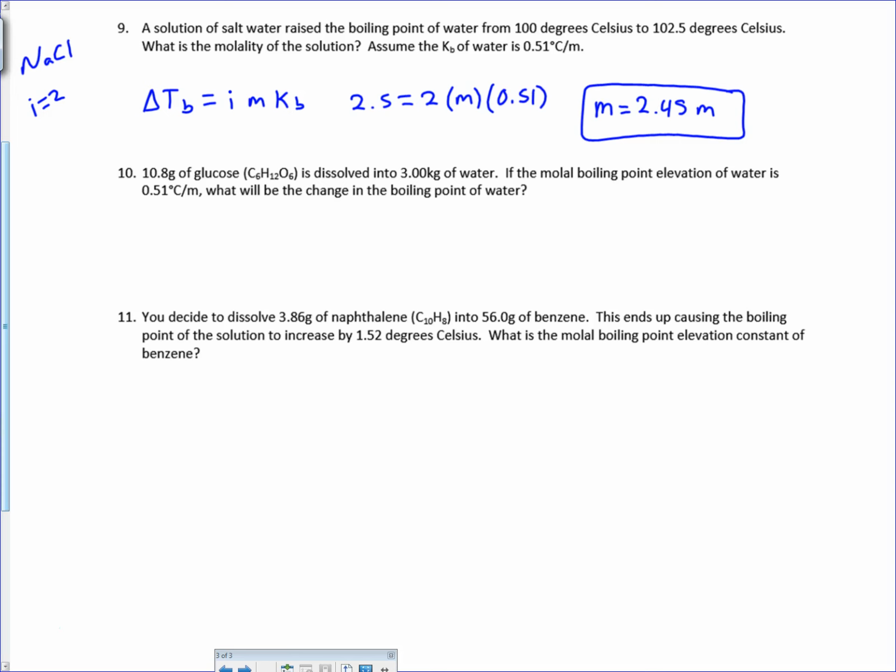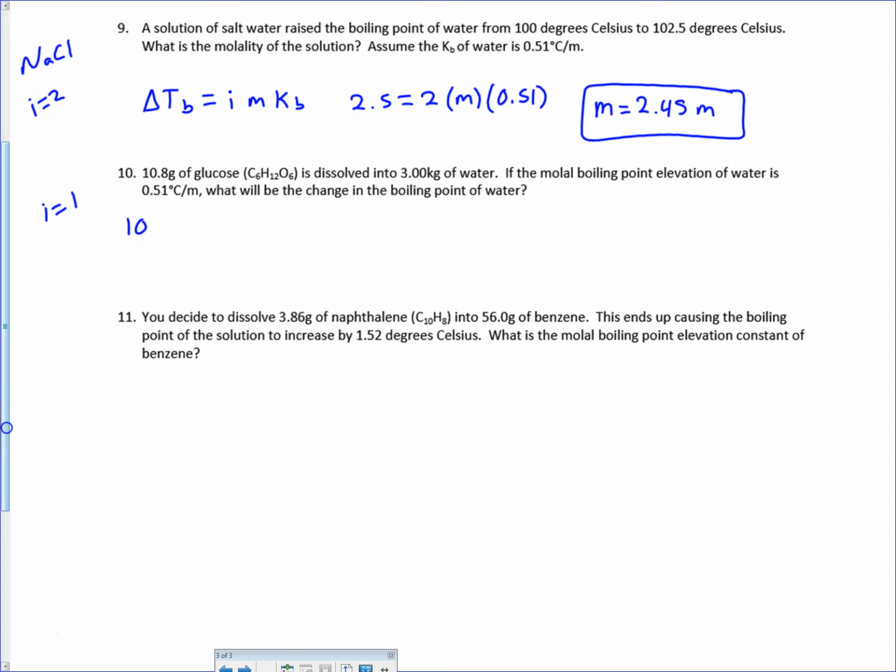Number 10. What we've got here is glucose, dissolved. Because it's glucose, that's C6H12O6. All of those are nonmetals. It's a covalent substance, so it's not going to spread apart into pieces when you dissolve it. So for this one, i just equals 1. It's asking us to find the new boiling temperature. In order to do this, we need to figure out how many moles of glucose we have.